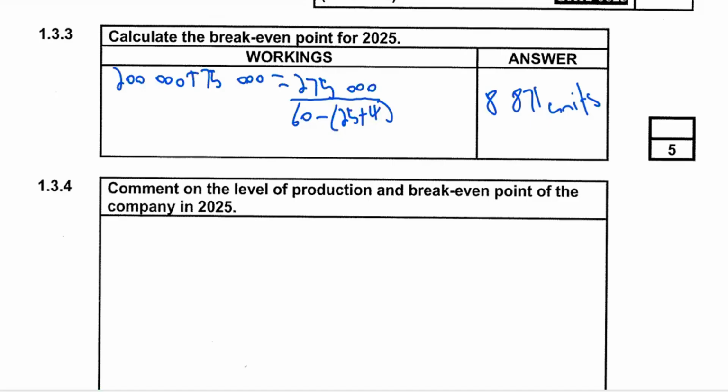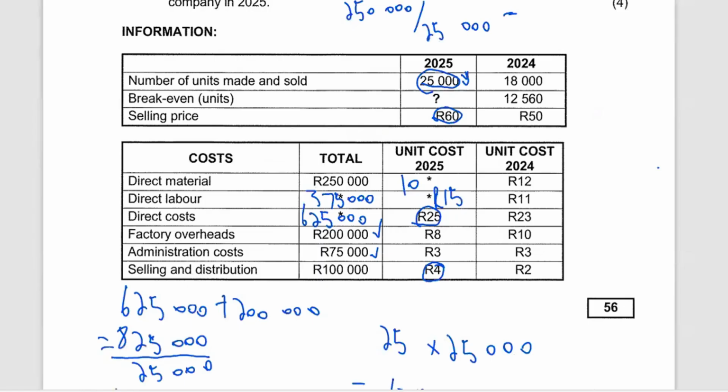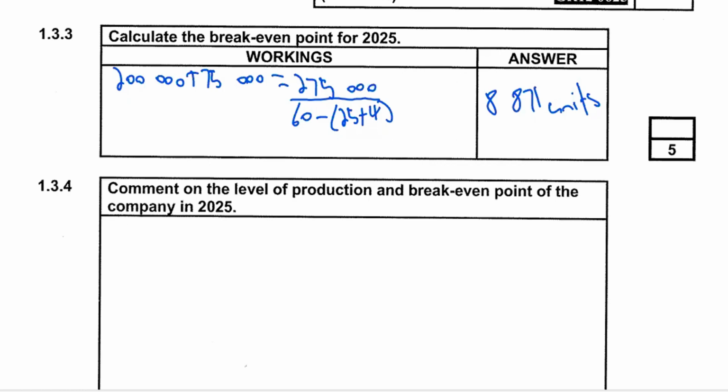1.3.4. Comment on the level of production and the break-even point of the company in 2025. So now 2025, they have produced 25,000 units, while their break-even point is 8,871 units.